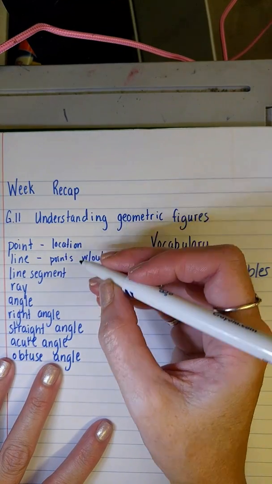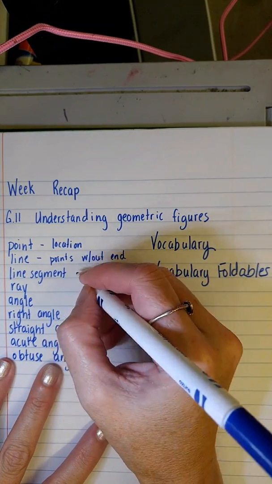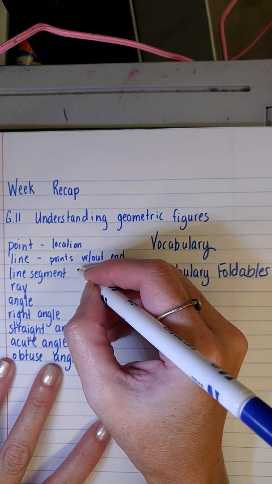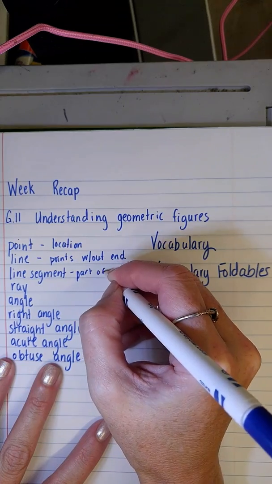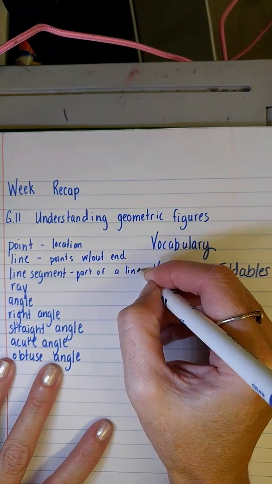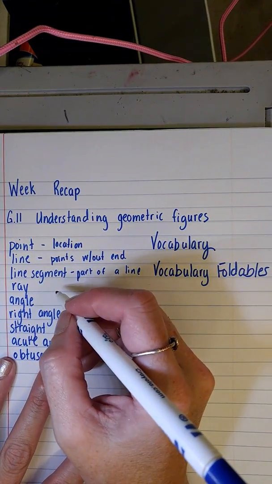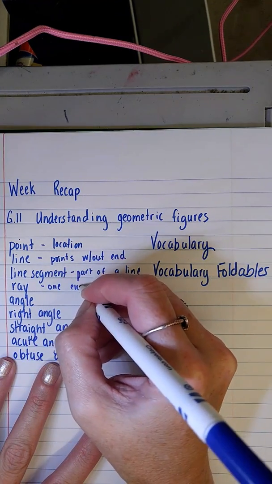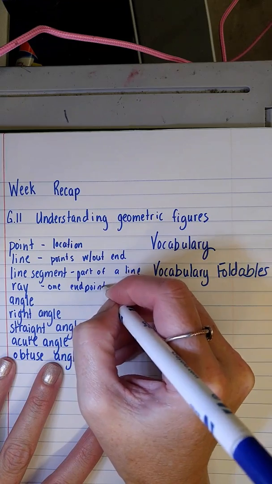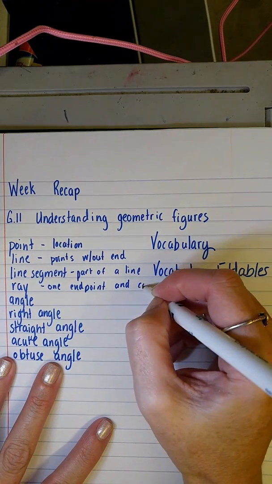A line segment is part of a line. A ray has one end point and continues in the other direction.